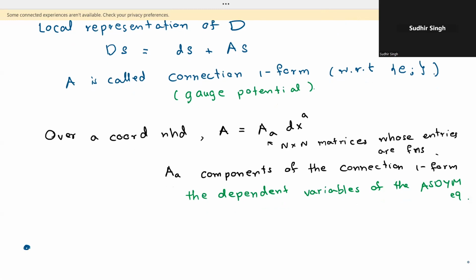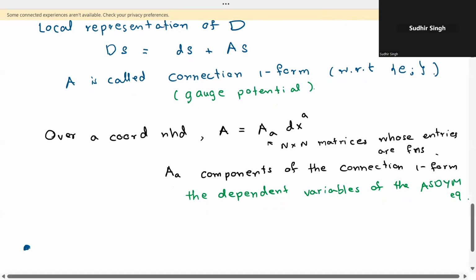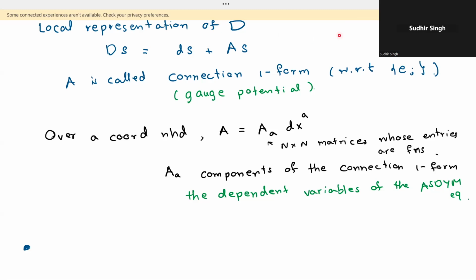The first thing is, as we discussed here, that a connection one form is something local, so the expression is with respect to a frame field. So if we change the frame field, this expression will change. So let's see how it changes.